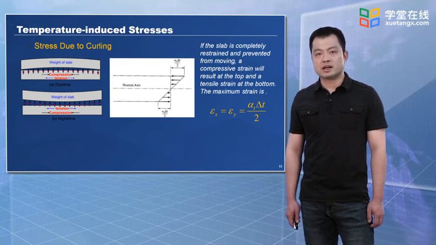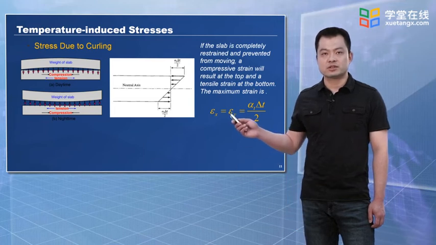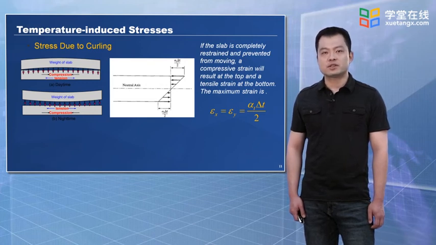If the slab is completely restrained and prevented from moving, the maximum strain is calculated as this equation. It is a function of change of temperature and alpha, which is the coefficient of thermal contraction or expansion.